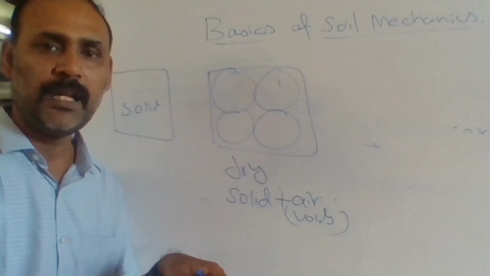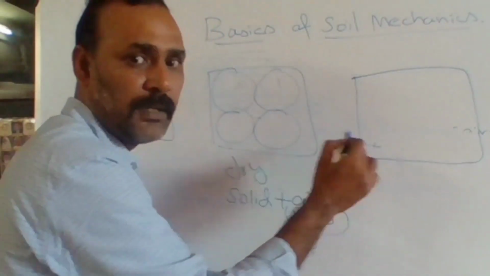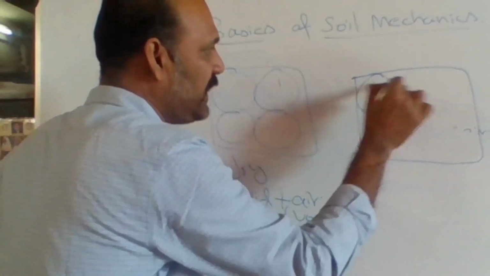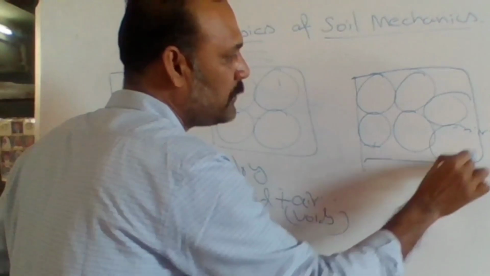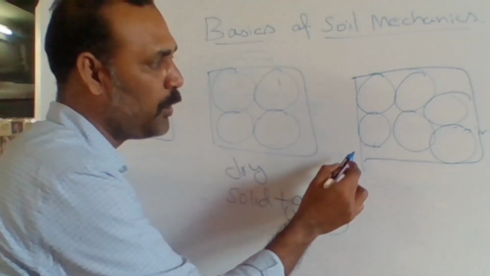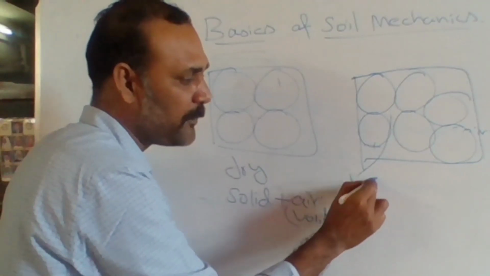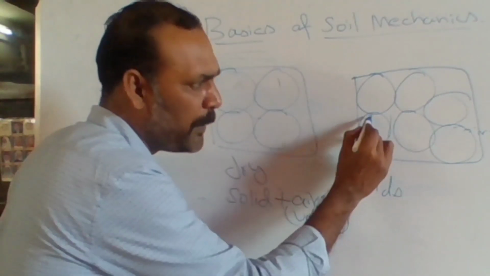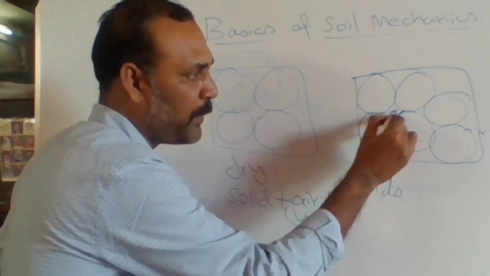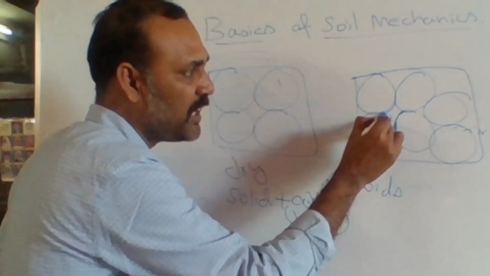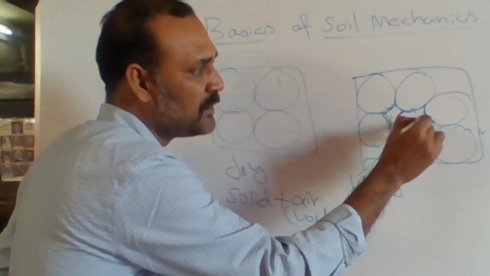Coming to bulk soil, what happened? These are the grains. I already told you that in between the grains some air pockets are there, which means voids.